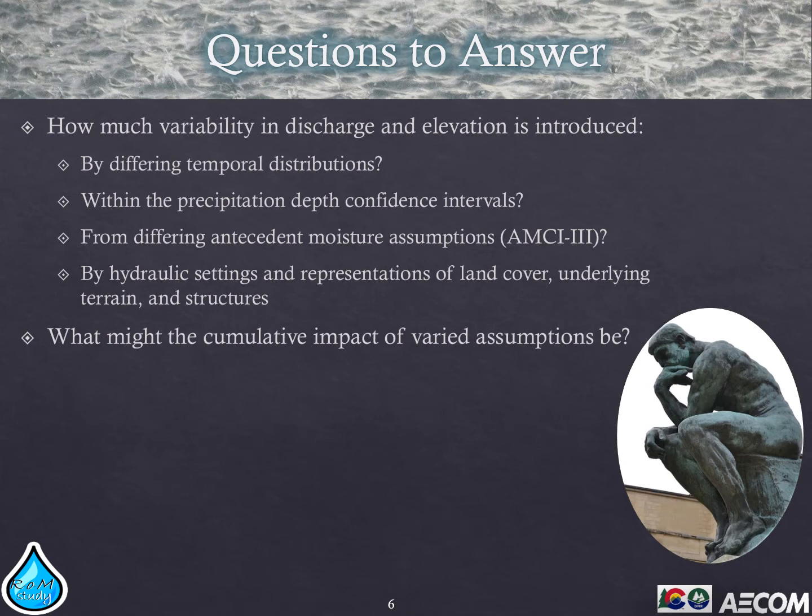Like, what is the total net spread when you could select between different variables?